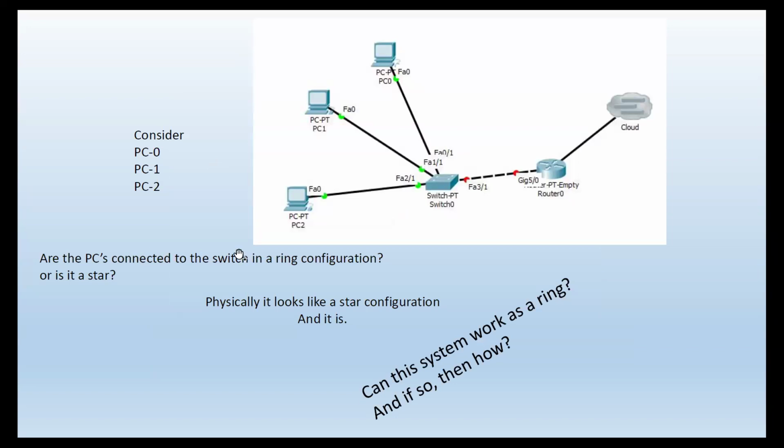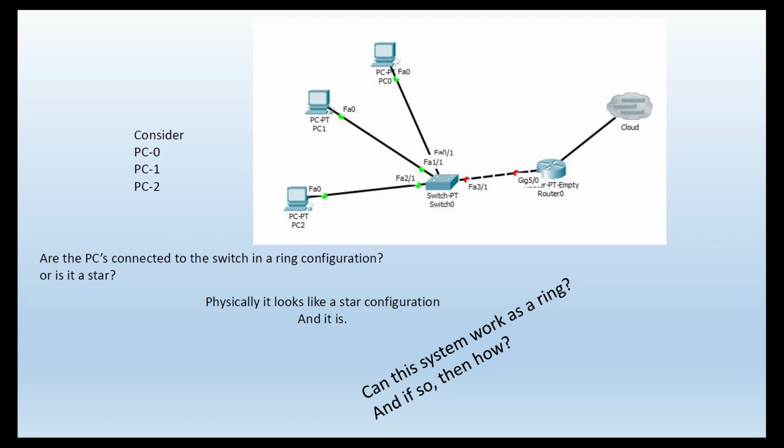One last thing, almost. Let's see here. Consider PC 0, 1, and 2. What am I trying to say here? Are these PCs connected to the switch in a ring configuration, or is it a star? Now, this is a philosophical, hypothetical situation that I'm going to explain to you.